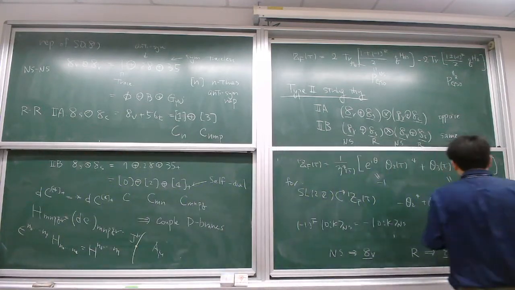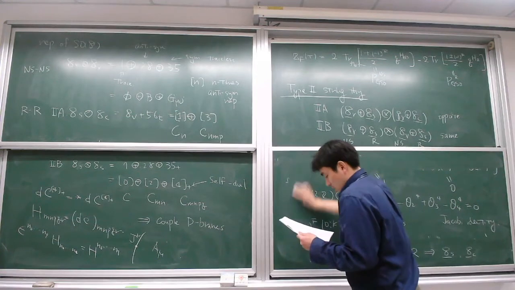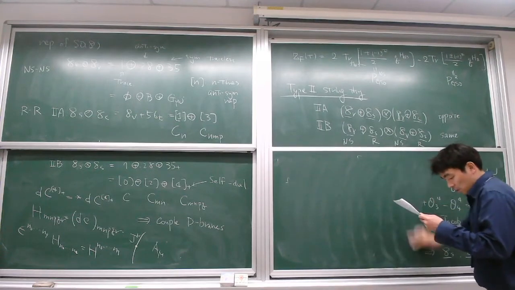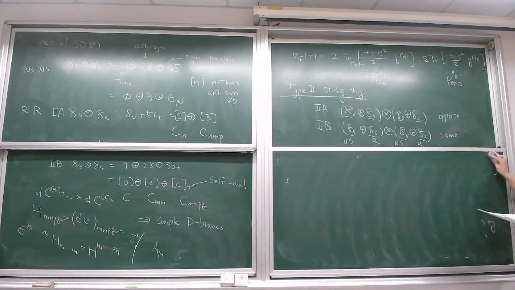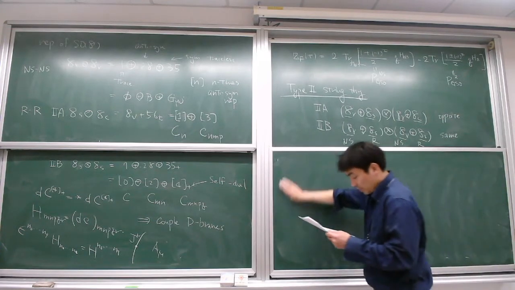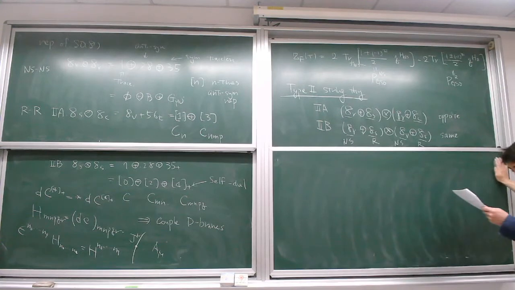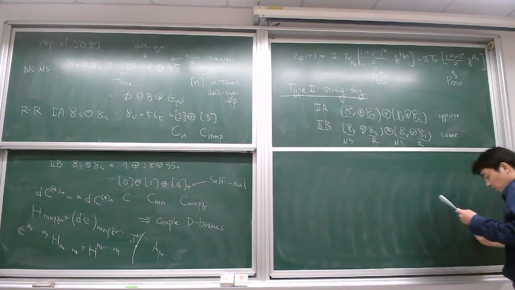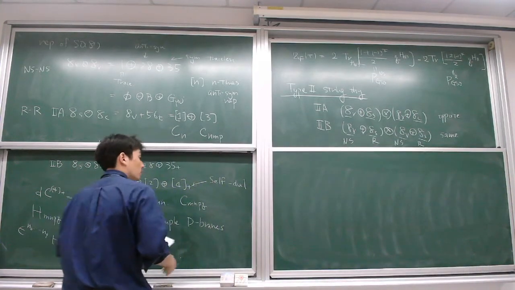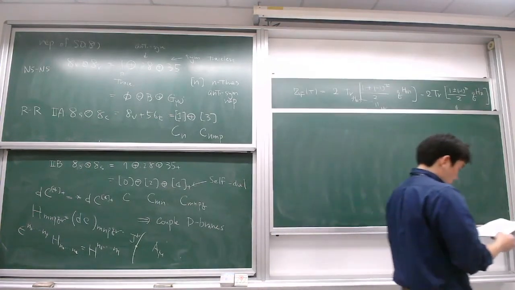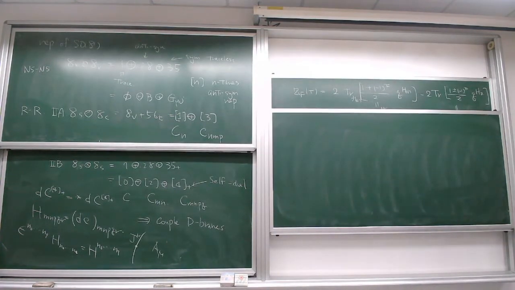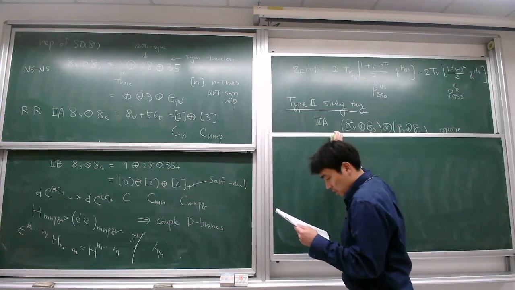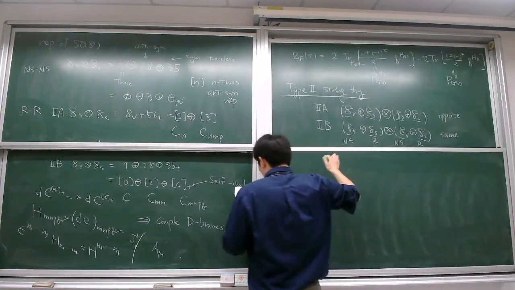Okay, and then you can have Ramond and NS, so we can just consider the following.